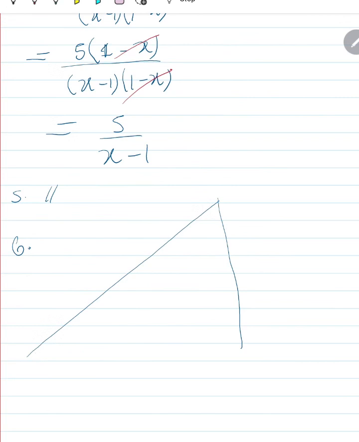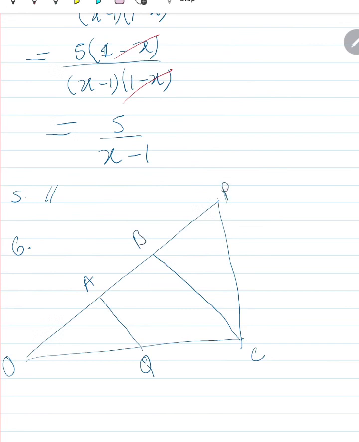So why am I drawing the diagram? So that I can be able to visualize well what I have been given. Okay, so we have O, we have A, Q, this is C, B, and P.